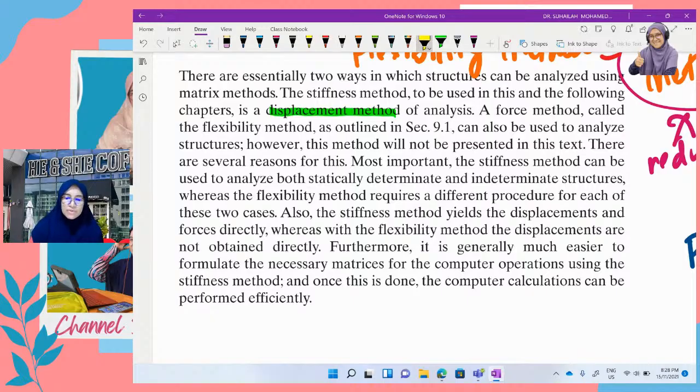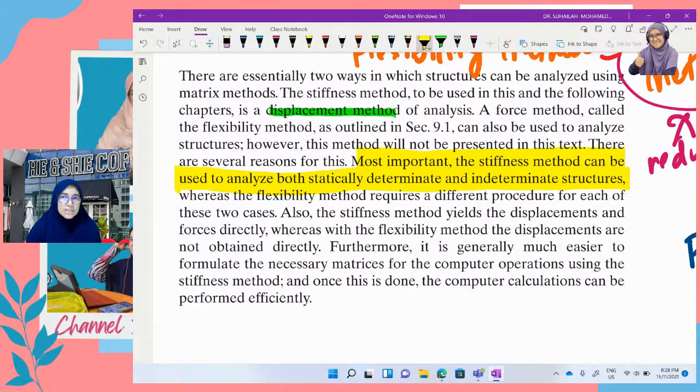Most important, the stiffness method can be used to analyze both determinate and indeterminate structures. This is actually the advantage of the stiffness method.